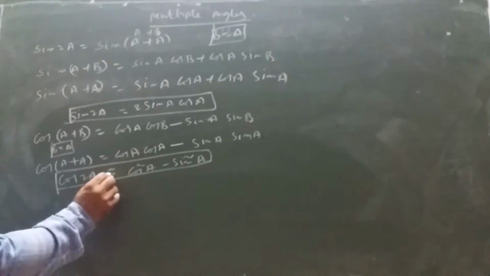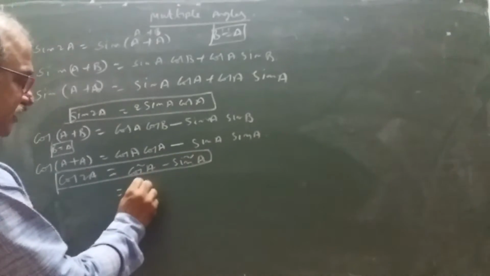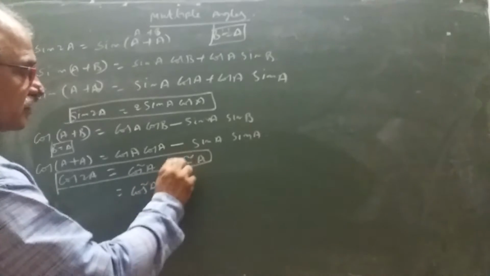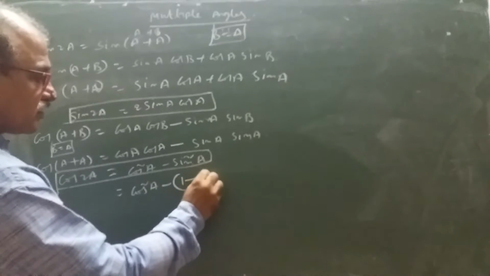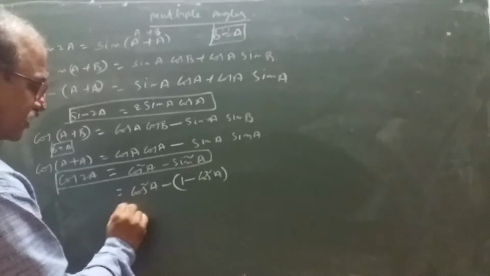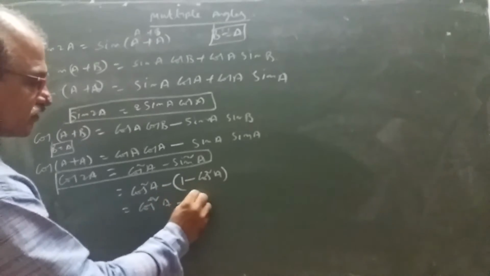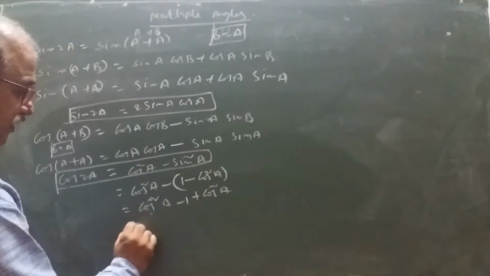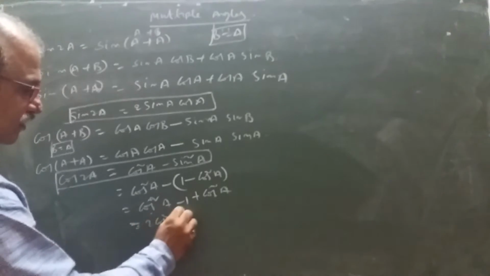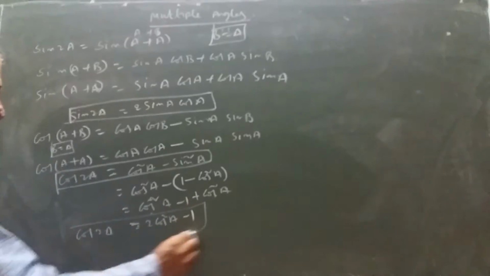By using this, instead of sin square A, we can write 1 minus cos square A. That gives cos square A minus 1 plus cos square A, which is equal to 2 cos square A minus 1. This is cos 2A in terms of cos.